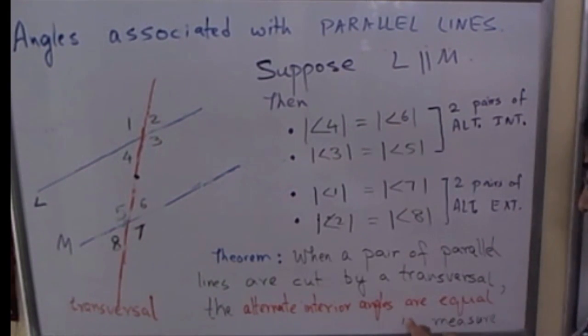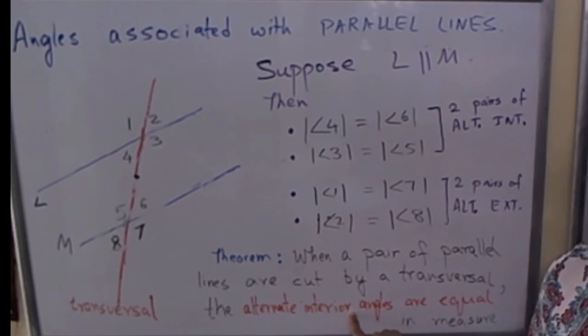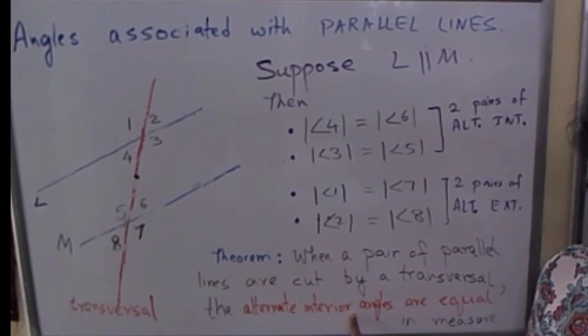Those are the ones that are equal in measure. Often we leave out this phrase in measure, and so keep that in mind. And also we can replace this alternate interior by the words alternate exterior, and the theorem would still be true.